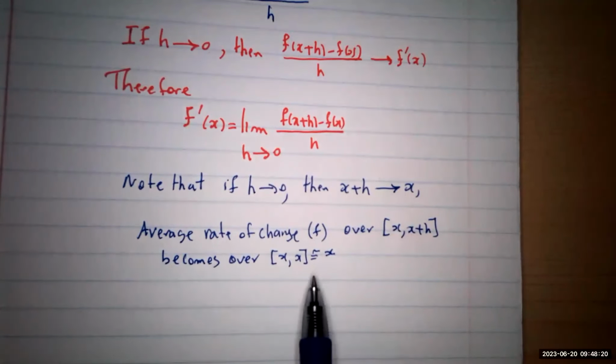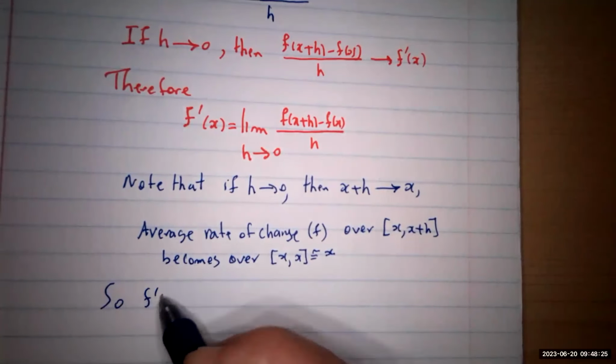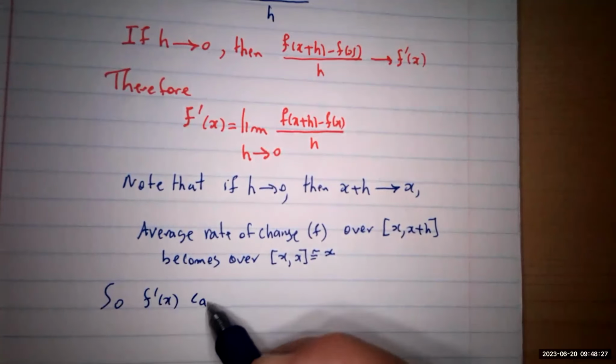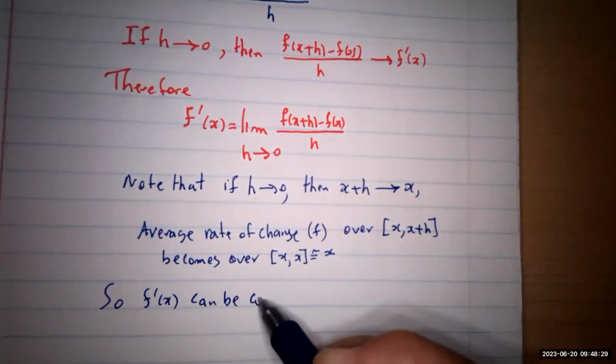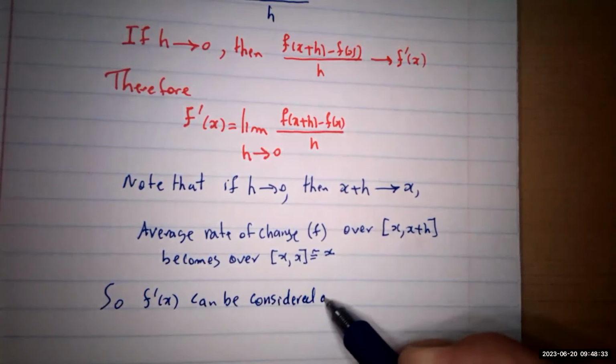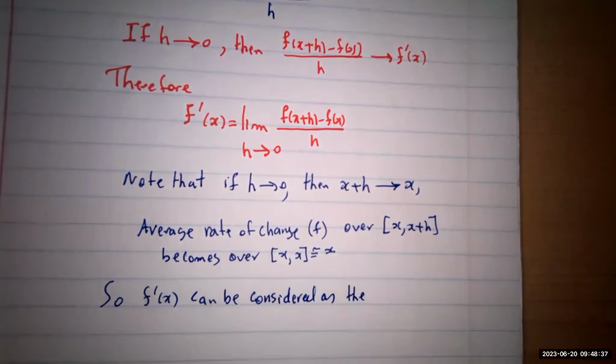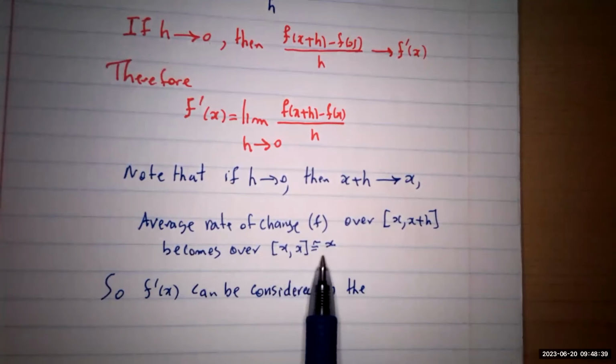So f prime of x can be considered as the rate of change, no more average, because everything becomes x here.